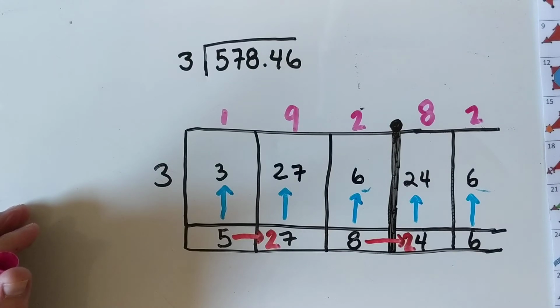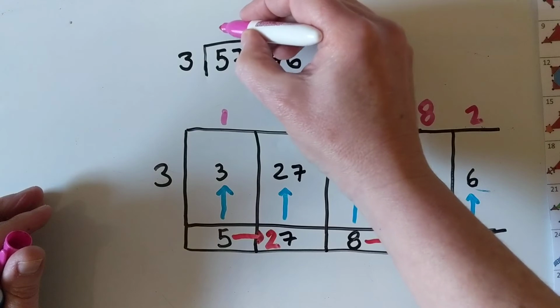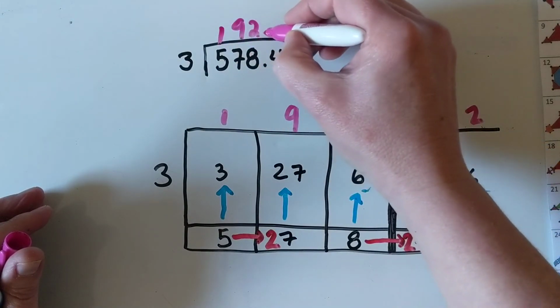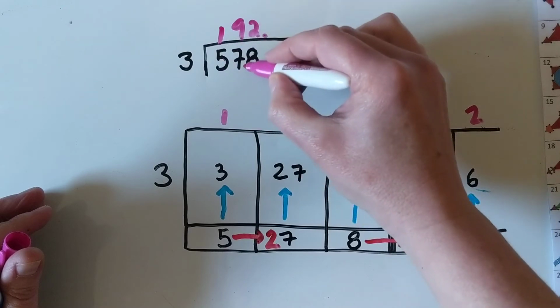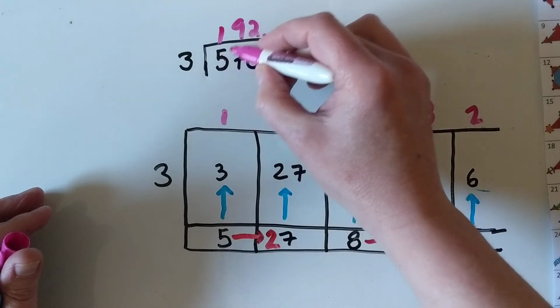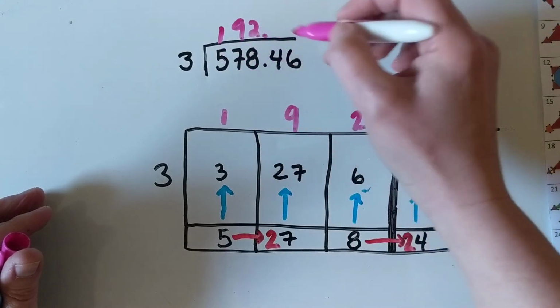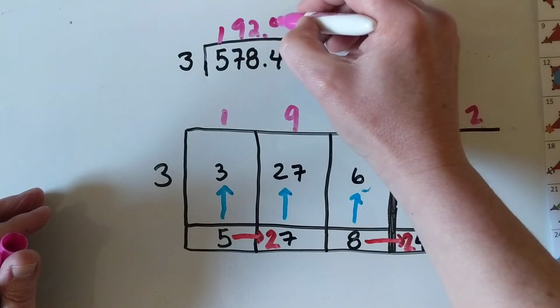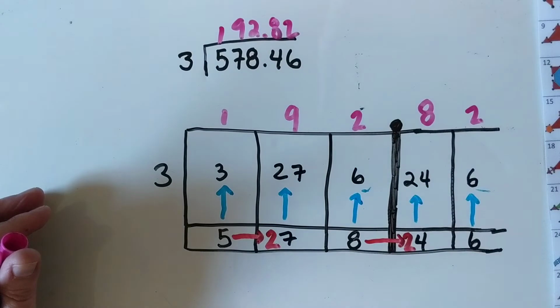Okay, so now I know that my solution would be 192. Notice how I'm lining it up. Okay, hundreds, tens, ones. So 192 and 82 cents.